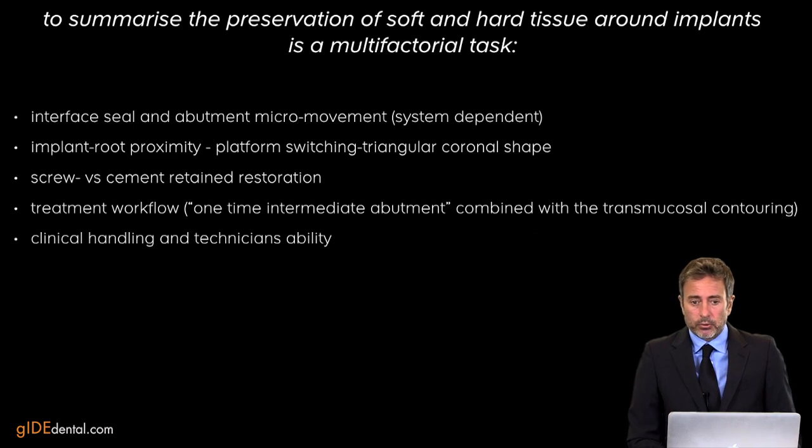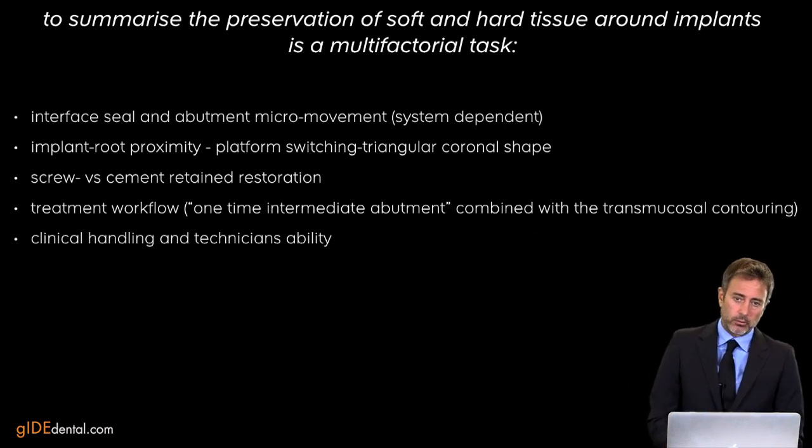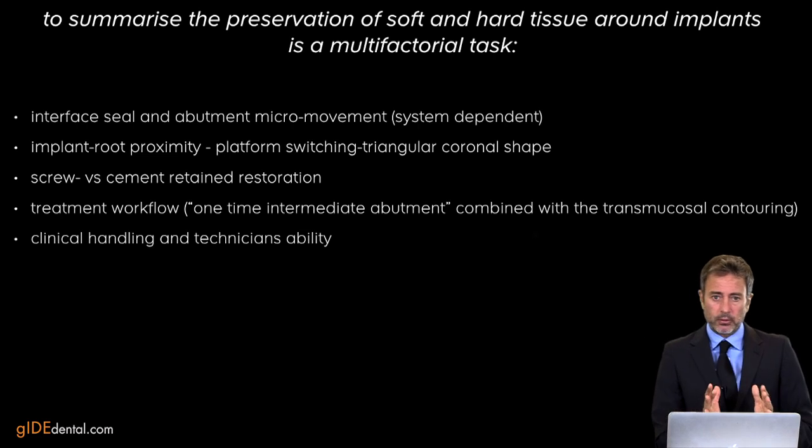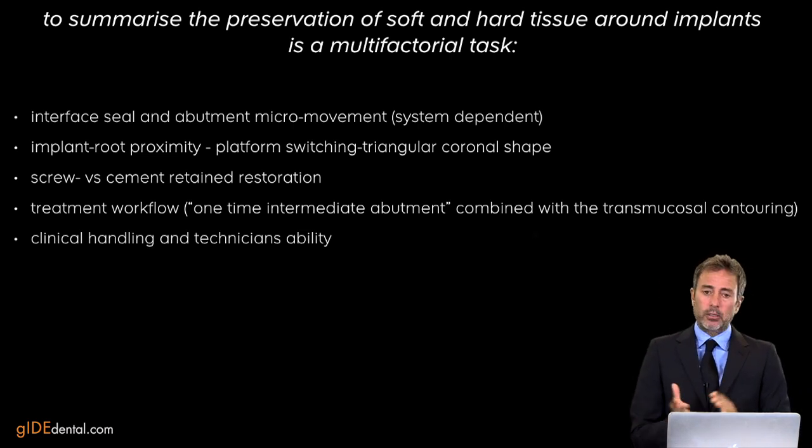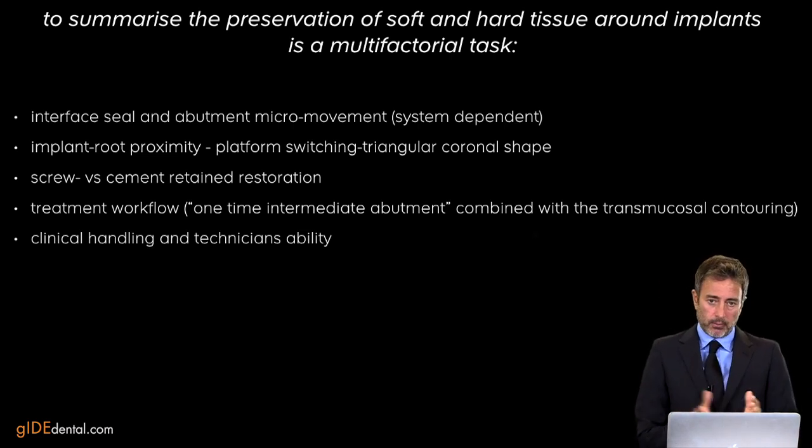The implant tooth proximity is also very important, and for me this is the most important reason to do a platform switching concept in order to avoid bone resorption in mesial and distal from the implant in the spaces where we have the papilla.